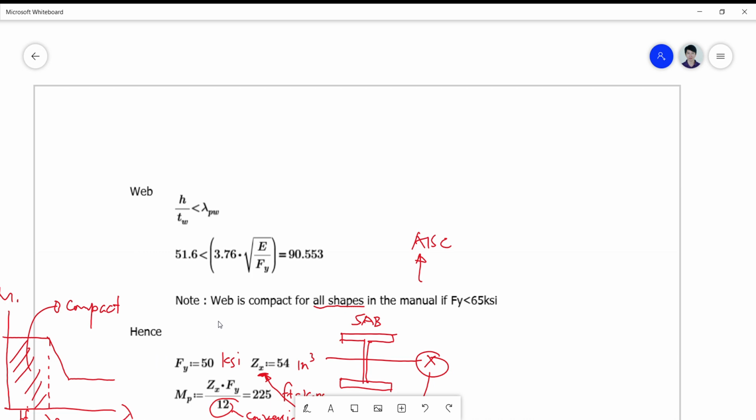And this note will help us reduce our computational step by trying to be confident that always the web is not critical in terms of compactness.